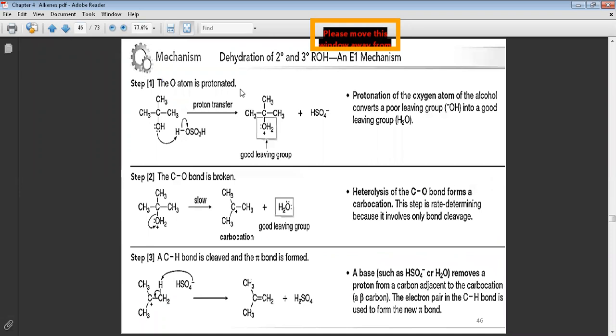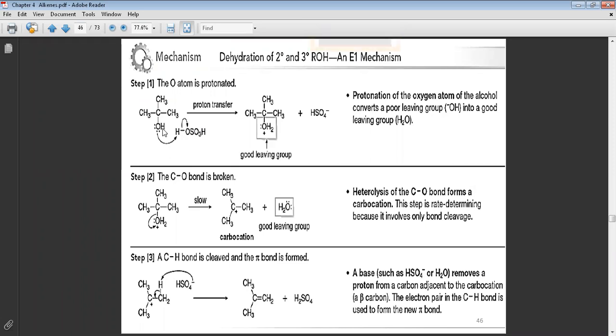Now look at the mechanism. Dehydration of secondary and tertiary alcohol is by what? By the E1 mechanism. Look, we have this alcohol and we have this acid.